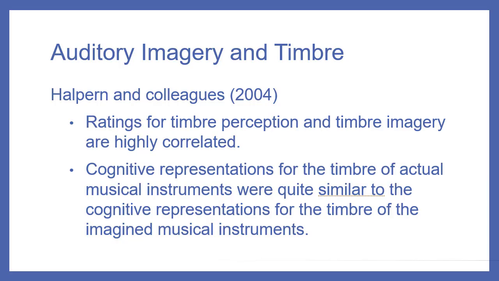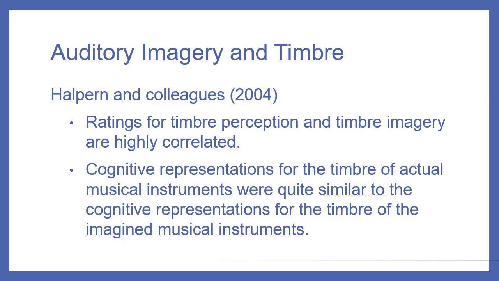Interestingly, when people think about timbre perception and timbre imagery, there's high correlation. What that means is that people have a pretty accurate representation of the quality of the sound if they imagine it mentally compared to the actual stimulus. In the same way, people are often pretty accurate about picking out instruments based on the same sound.